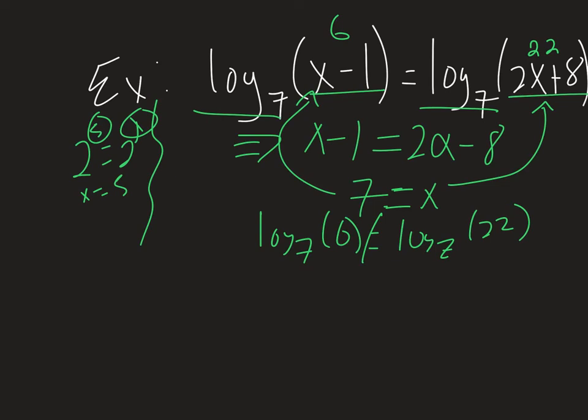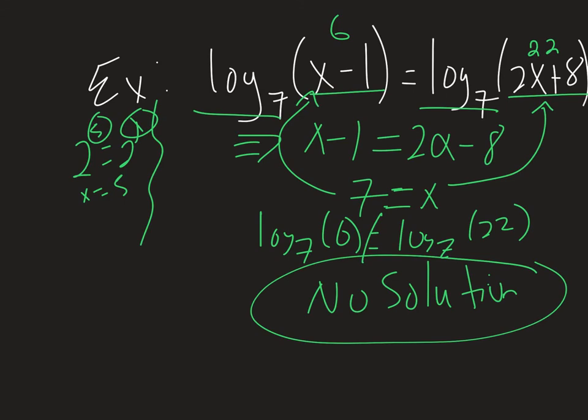It's just not possible. So in this case, technically, there would be no solution. This would be an extraneous solution. It can happen, so be careful. But the thought still applies. If I have a single logarithm equal to another single logarithm, I can set the guts of the logarithms equal to each other. I can drop the logarithms, in a manner of speaking.